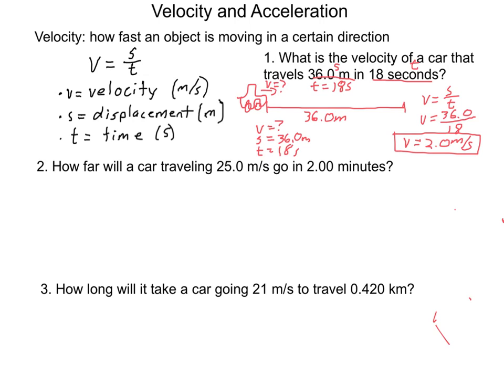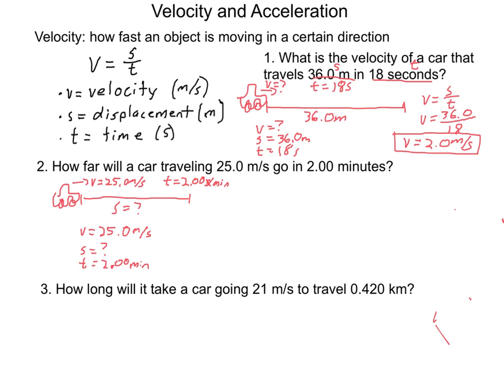Number 2, how far will a car traveling 25 meters per second go in 2 minutes? So once again, I'm going to draw a picture and go through the problem-solving process. All right, so I went ahead and drew my picture here and did my variable bank. And in my variable bank, I notice a problem. My time right now is in minutes.